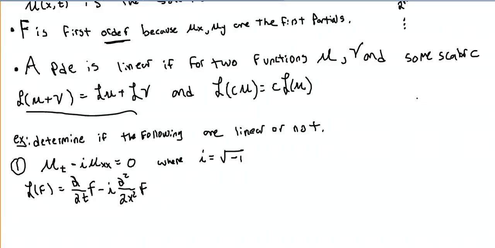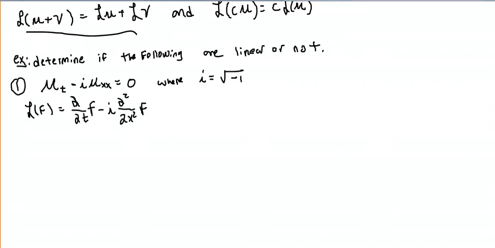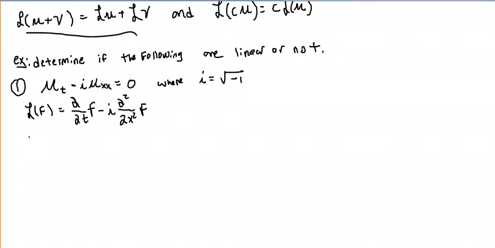So this is what I'm going to say. Suppose u and v are functions that we can differentiate twice.